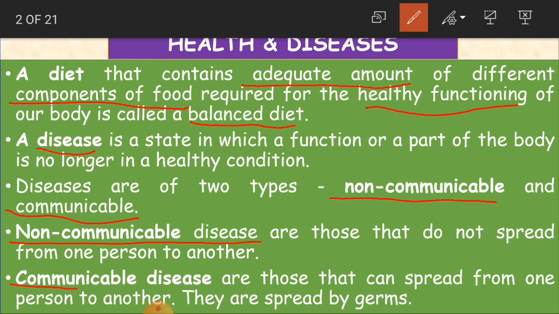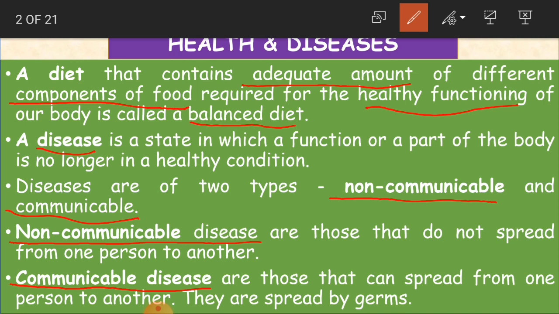Communicable disease. What is a communicable disease? They are those that can spread from one person to another. How are they spread, children? They are spread by germs.